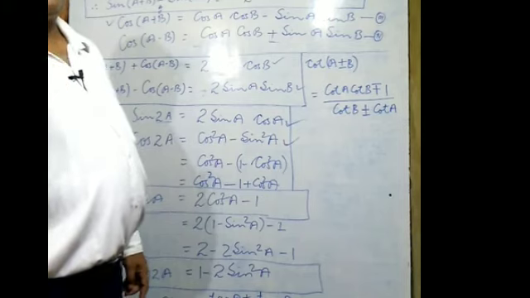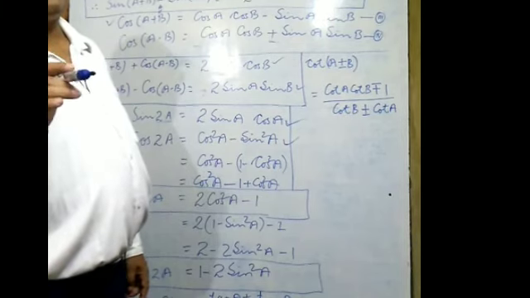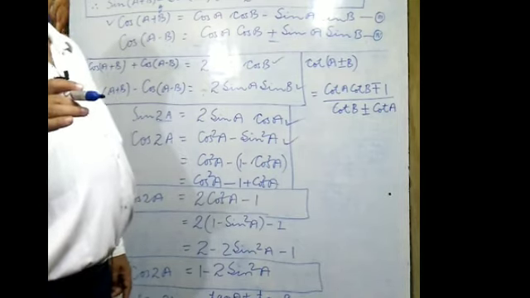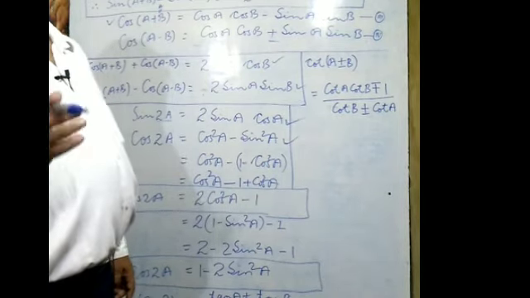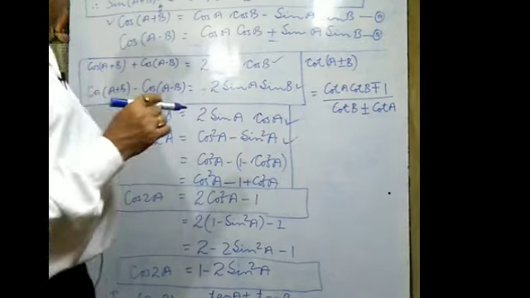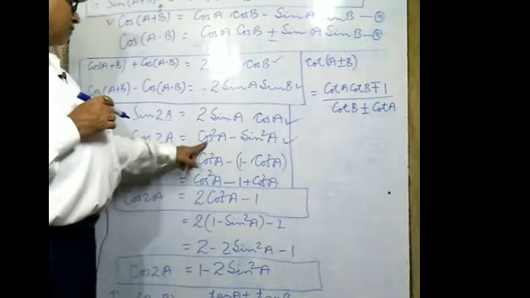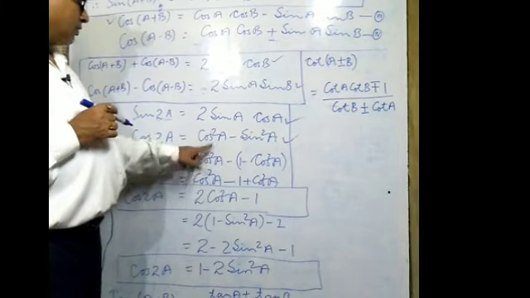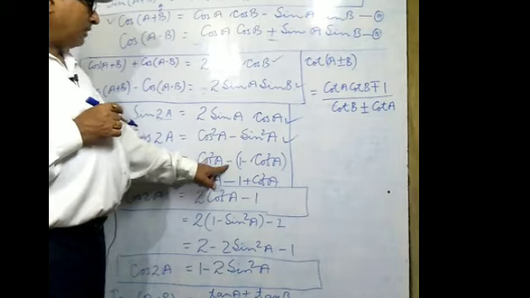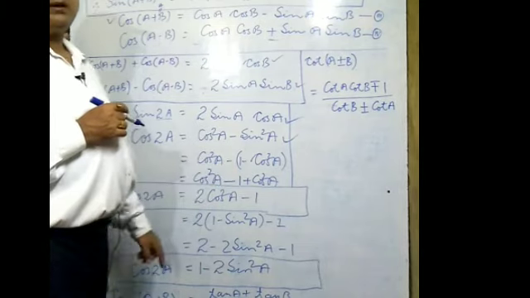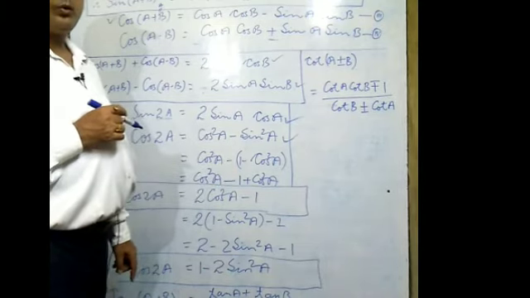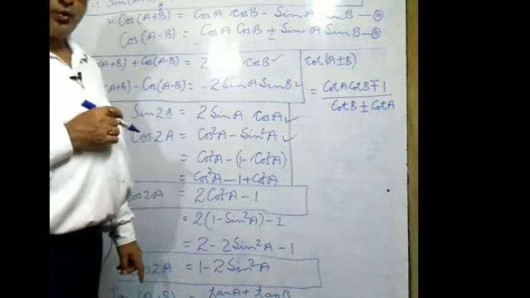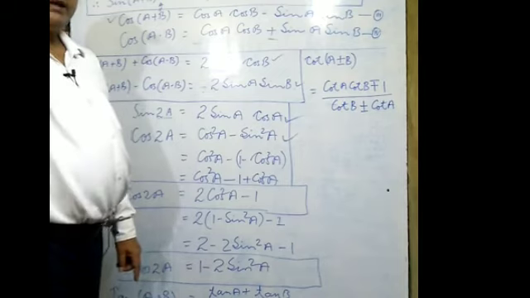We will keep this fundamental identity in mind, and simplify the value of cos 2A in terms of sin A and cos A. The cos square A will be noted down as it is, minus sin square A. In the place of sin square A, we can note down 1 minus cos square A, because sin square A plus cos square A equals 1.